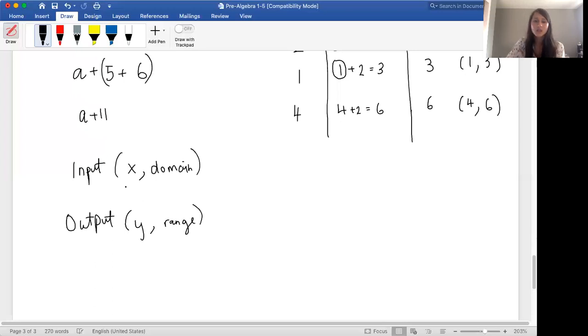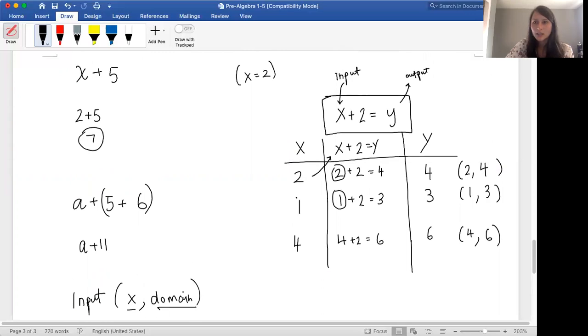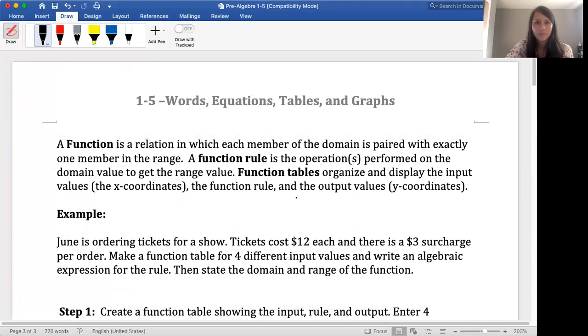So when I say what's the input for this equation, you might also think of it as the domain or the x value for that equation. When I say what's the output of this equation, you might also say what's the y or the range for this equation. So this is kind of just an overview of what we're looking at today. Let's backtrack a little bit and look at our notes.